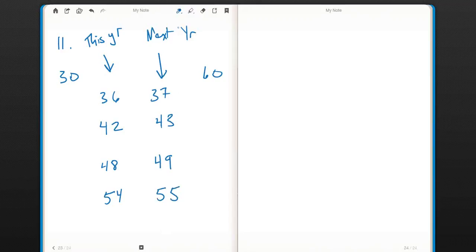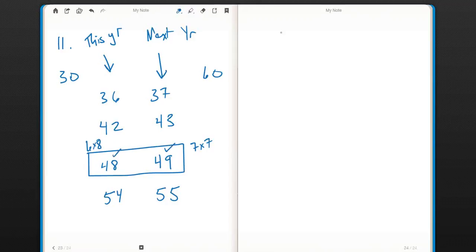I want this year's age to be a multiple of 6, which it is, and I want next year's age to be a multiple of 7. This is my winning pair. 49 is 7 times 7, and 48 is 6 times 8. So what I have is a multiple of 6 this year and a multiple of 7 next year.